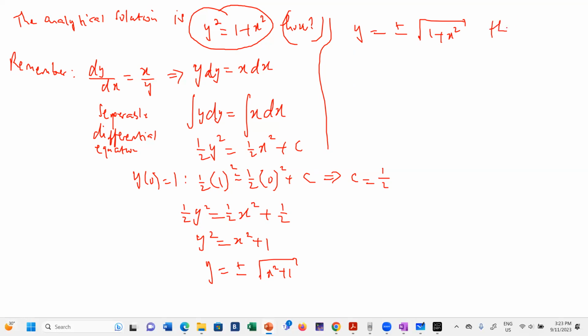The plus sign gives a solution to the initial value problem.